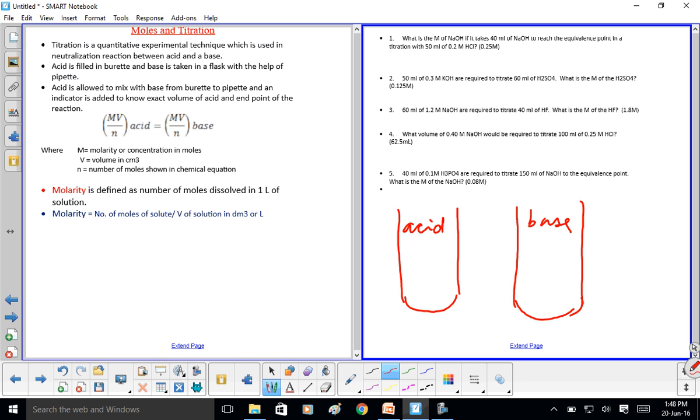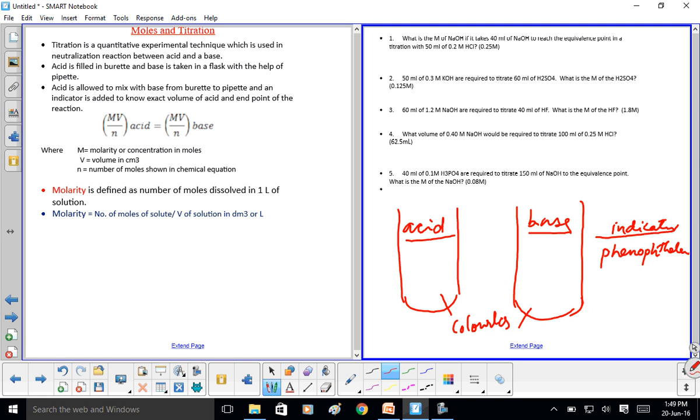Because both are colorless, you will never know whether the end point has come. So you put an indicator called phenolphthalein.